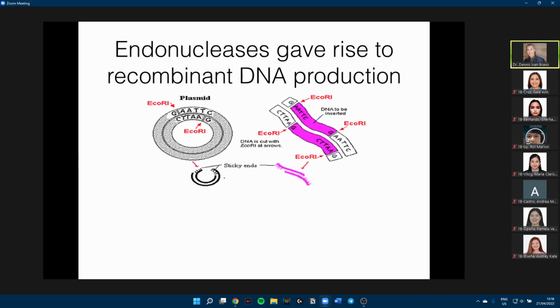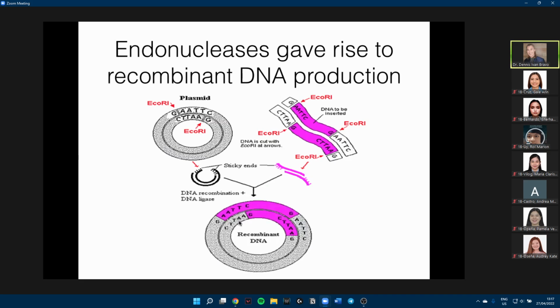Thus, when exposed to that enzyme, they will produce sticky ends that are complementary to each other. So when mixed together, those two DNA fragments are expected to reanneal, producing now the recombinant DNA.